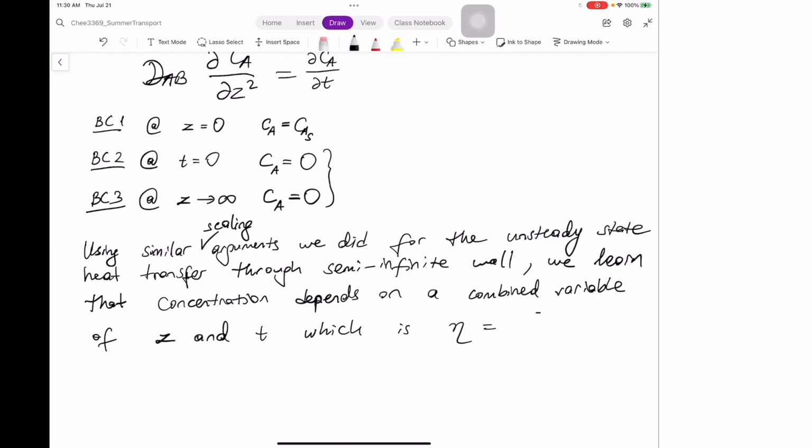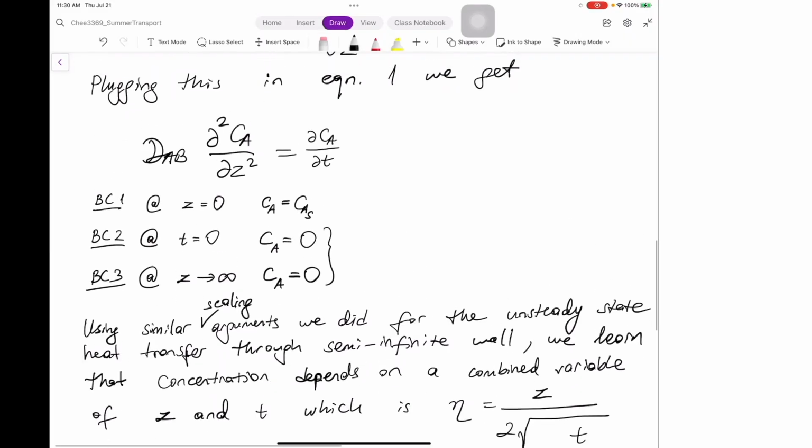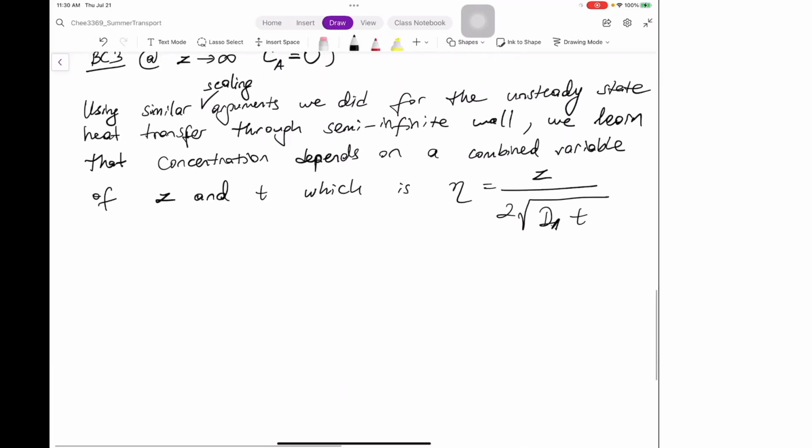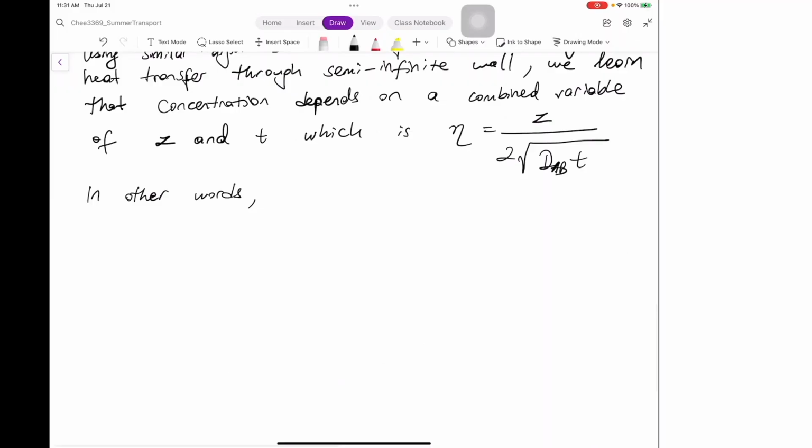eta is equal to z over 2 times square root of, it was alpha t, but this time my diffusivity in my equation, I don't have the alpha here. I have the mass diffusivity, which is DAB. So I have DAB here. In other words, CA is a function of eta only.